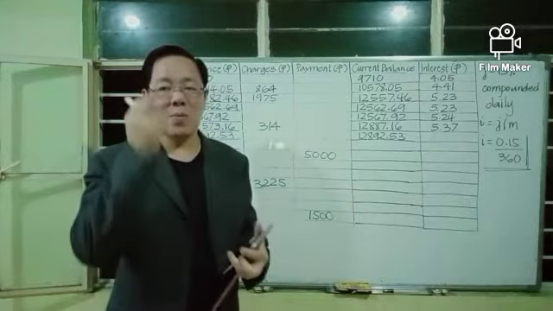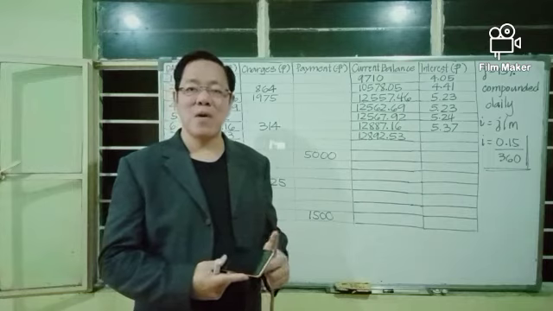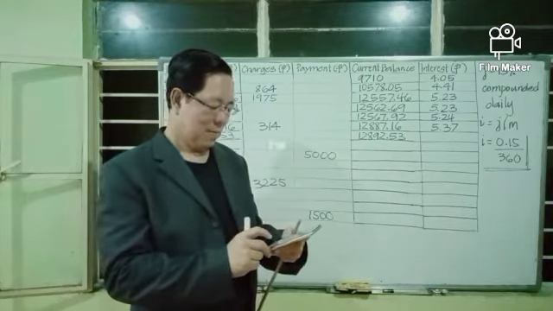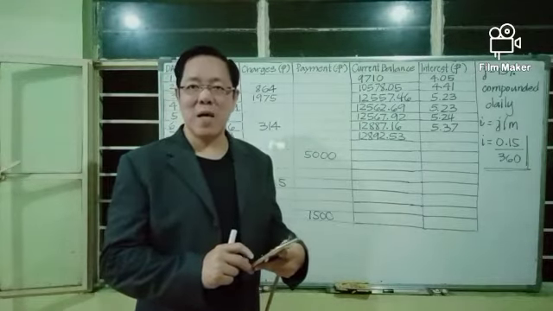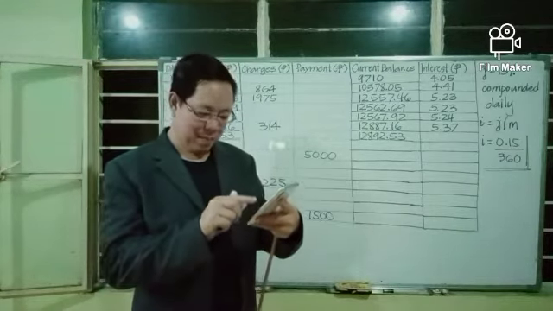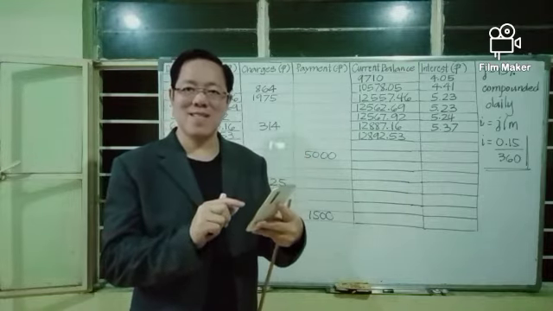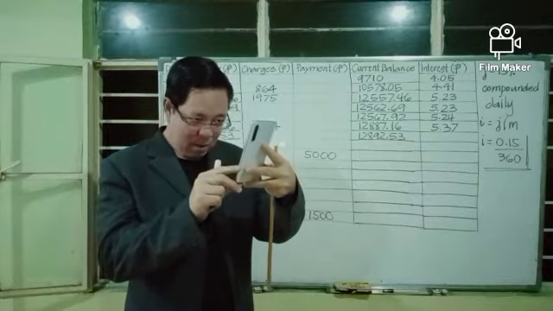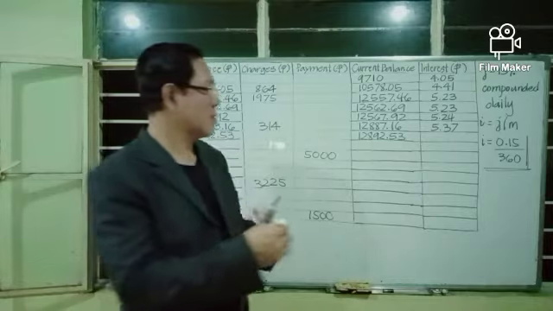And this amount multiplied by the interest rate per day, 0.15 divided by 360. To two decimal places, you should get 5.37 pesos.